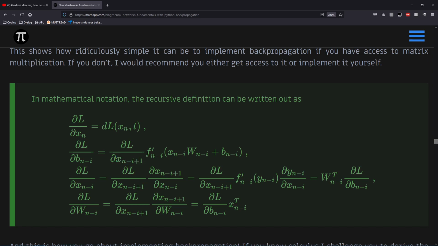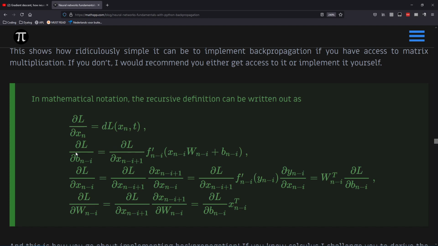And then this is just something that we can compute, because this f over here is the activation function, and f prime is its derivative. These are just some values: this is one of the intermediate outputs of a layer, this is its weight matrix, and this is the bias vector. So we just need to do this multiplication over here.